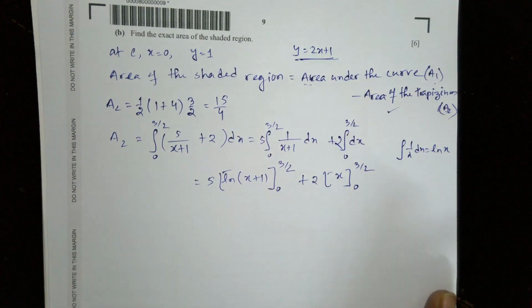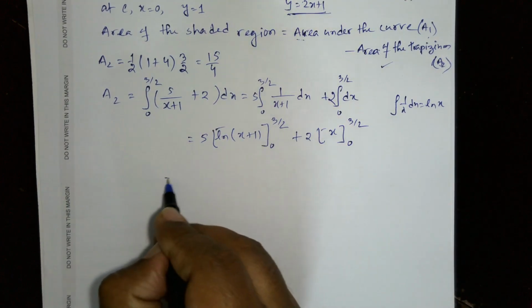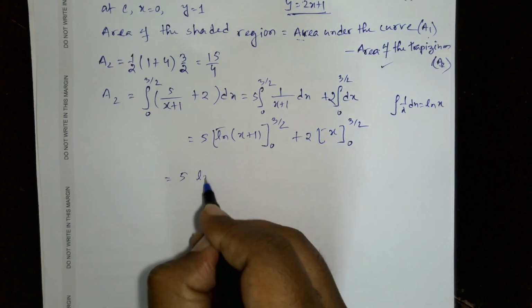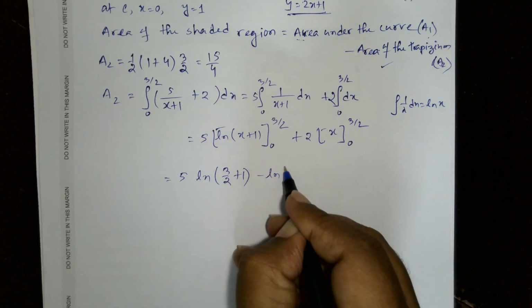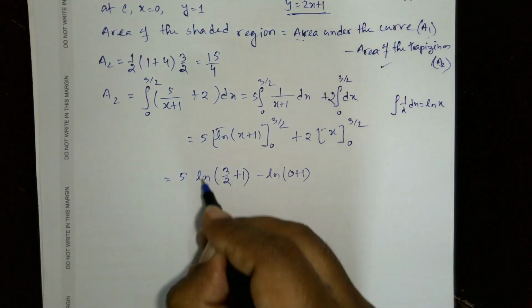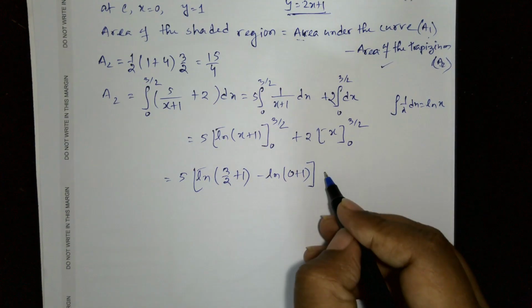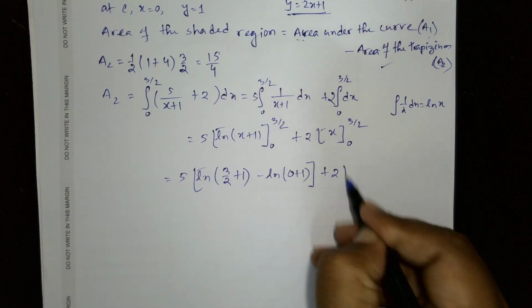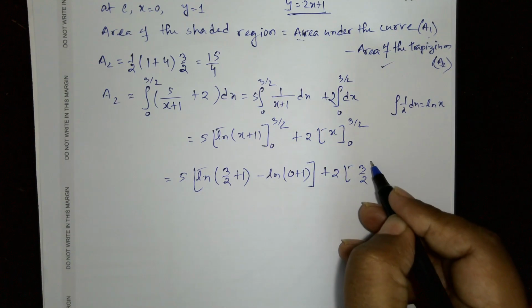The integration is done, only the limit substitution is remaining. So 5 times [ln(3 over 2 plus 1) minus ln(0 plus 1)], plus 2 times (3 over 2 minus 0).